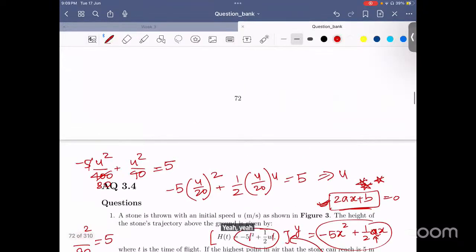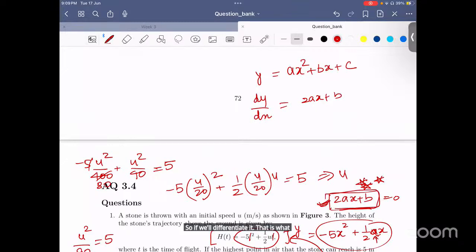See, what I'm trying to say, if you have the equation ax square plus bx plus c, okay? If you differentiate it, what will you do, right? That is what I was writing. Even if you use 2ax plus b equal to 0 and use the value of a and b here, you'll get the answer. That is what I did.